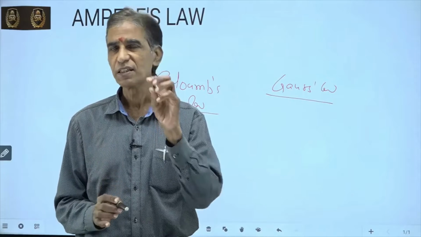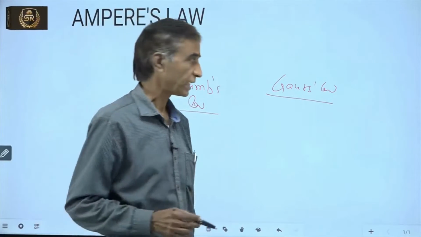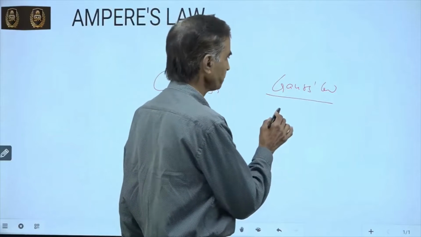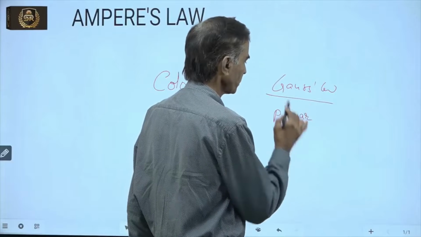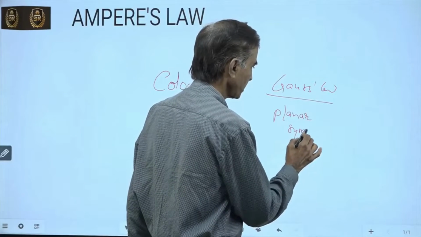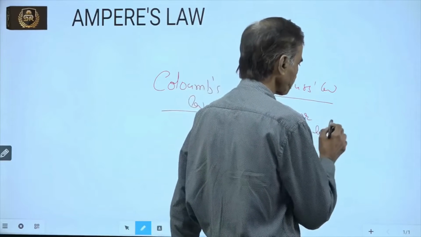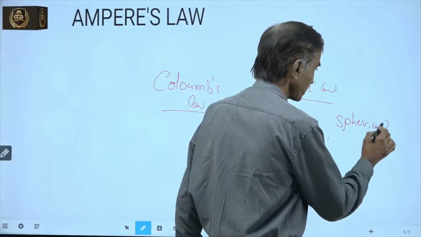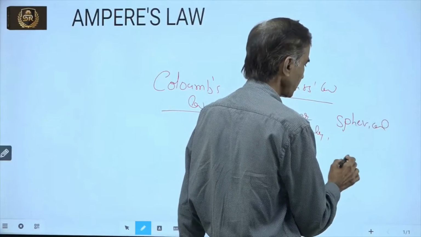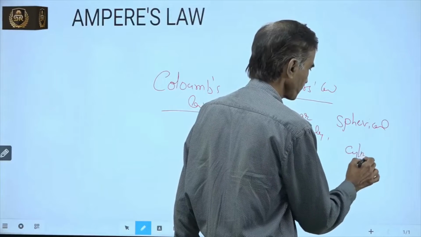We have seen there are three types of symmetry: planar symmetry, spherical symmetry, and cylindrical symmetry.